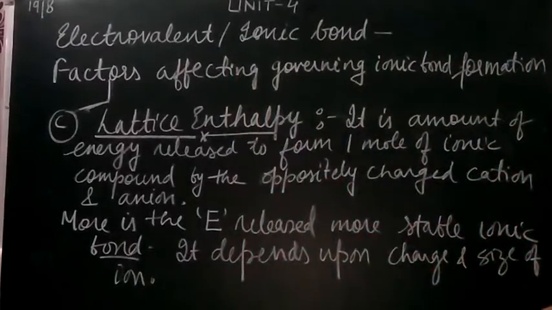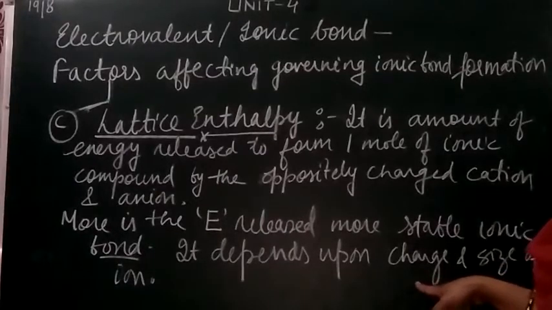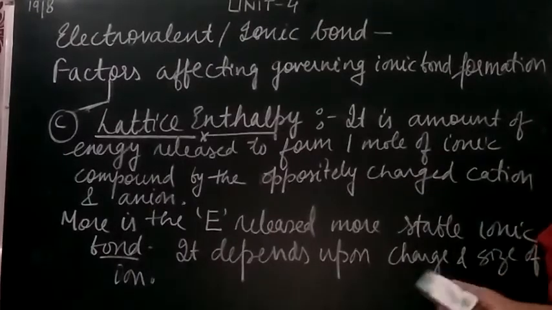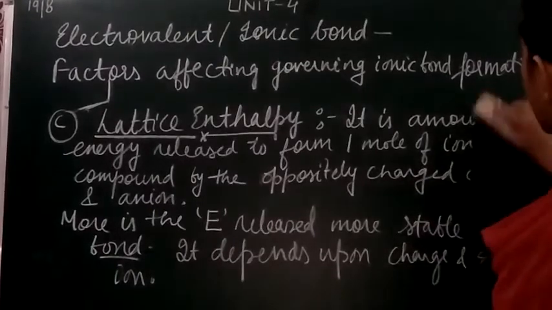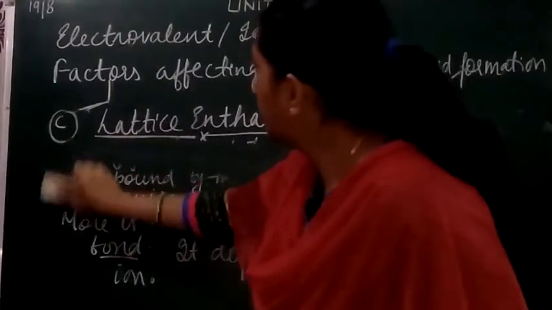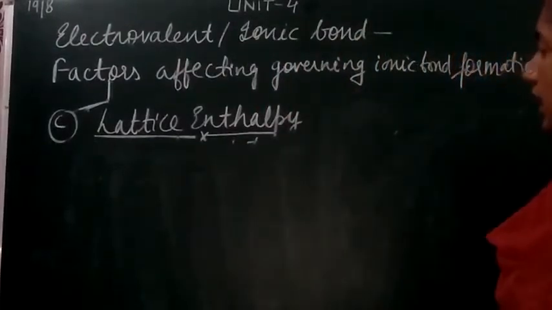Now the charge of the ion means the greater the charge, the more will be the attraction, and hence the greater will be the energy released. If the magnitude of the charge is high, for example, if we have A plus and A2 plus, now if we discuss these two factors which affect the lattice enthalpy.